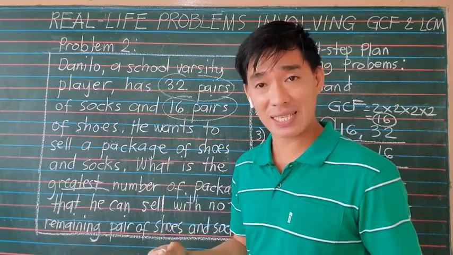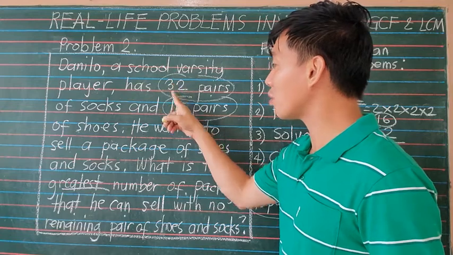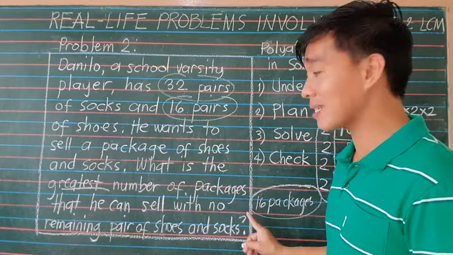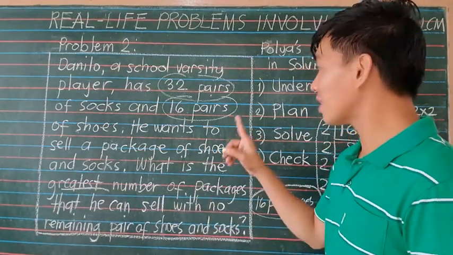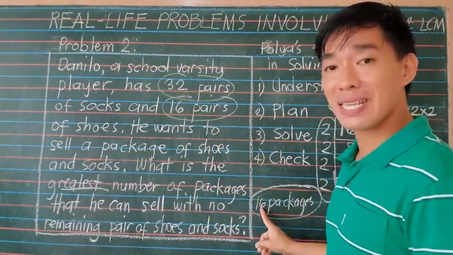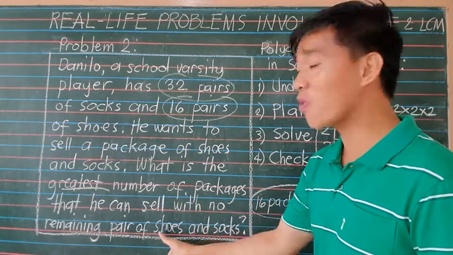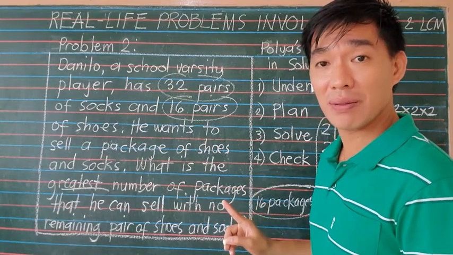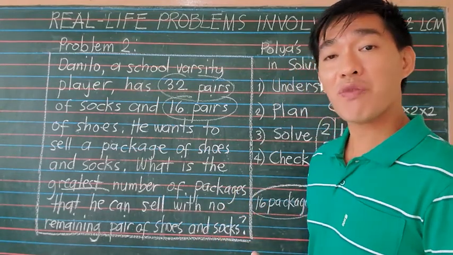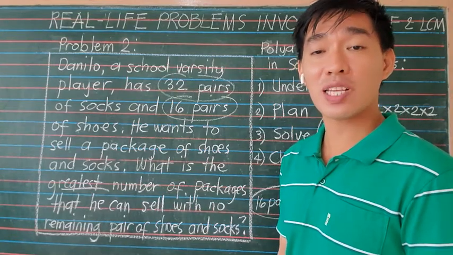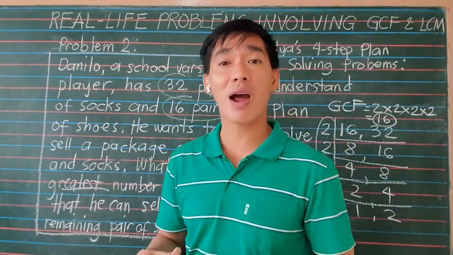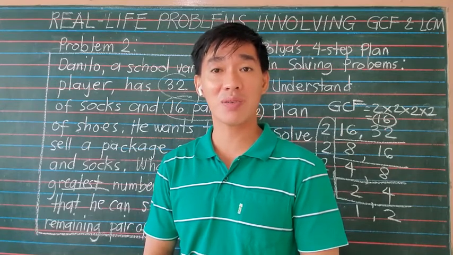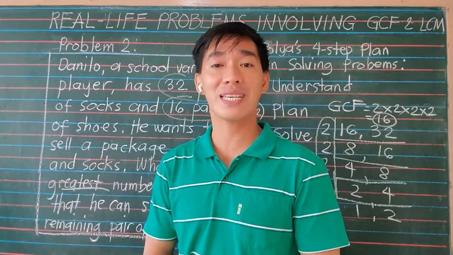However, the biggest number that could divide 32 and 16 is 16 because we are looking for the greatest number of packages. Let's try. 32 divided by 16, that's 2. That's divisible, no remainder. 16 divided by 16 is equal to 1. That's divisible, no remainder. Therefore, that's the biggest number that we could make, and that really makes our answer concrete that it is correct. GCF of 16 and 32 is equal to 16. Therefore, 16 packages.